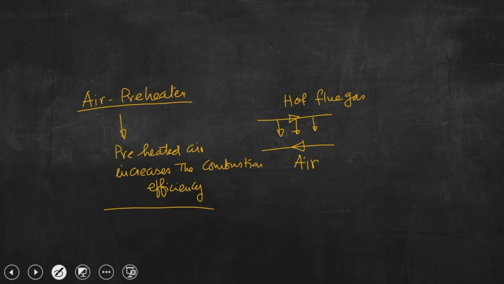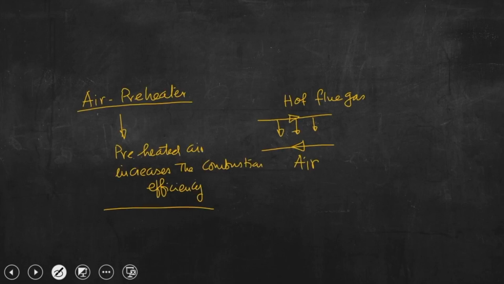You know that if we supply preheated air for the combustion of coal, then the moisture which is there in the coal will be taken away by this high temperature air, so that the overall efficiency of the combustion process will increase, and that is how this particular process works. So, this is air preheater, and finally, coming to the superheater and reheaters.